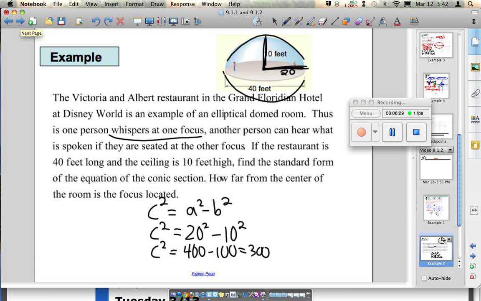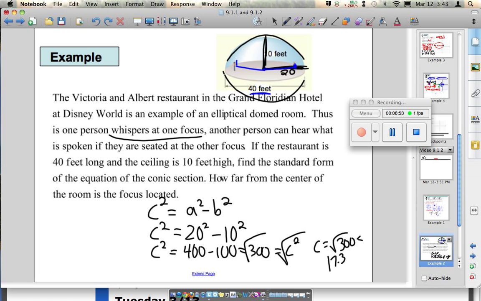And we get 300. But that's c squared, so in order to find c, I need to take the square root of both sides. c is equal to the square root of 300, which is approximately 17.3. I think about that and make sure it makes sense with the picture. Remembering it was 40 feet all the way across, 17 is almost to the edge.